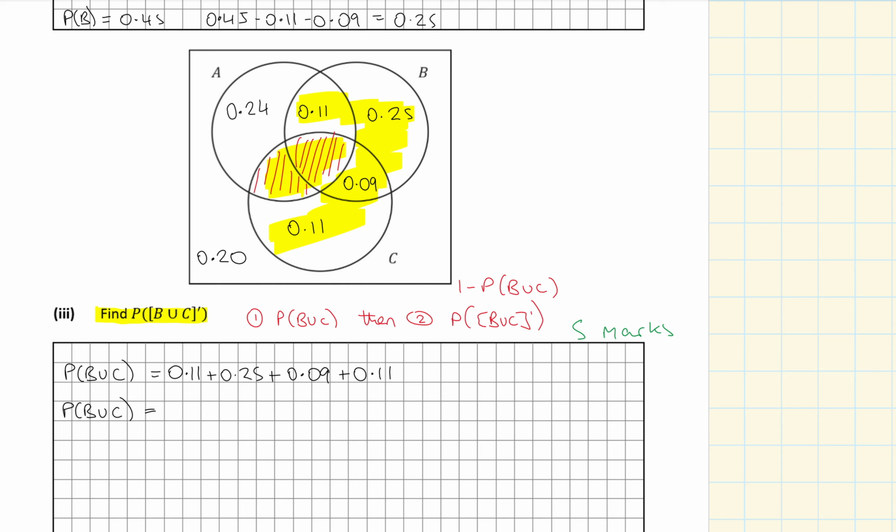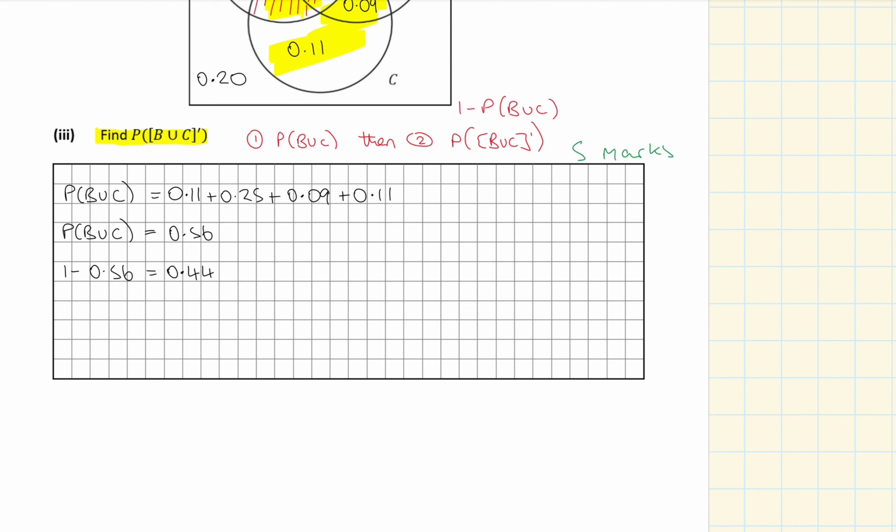Into your calculator. So 0.11 plus 0.25 plus 0.09 plus 0.11 will give us 0.56. And if we subtract that from 1 into your calculator, you get 0.44.